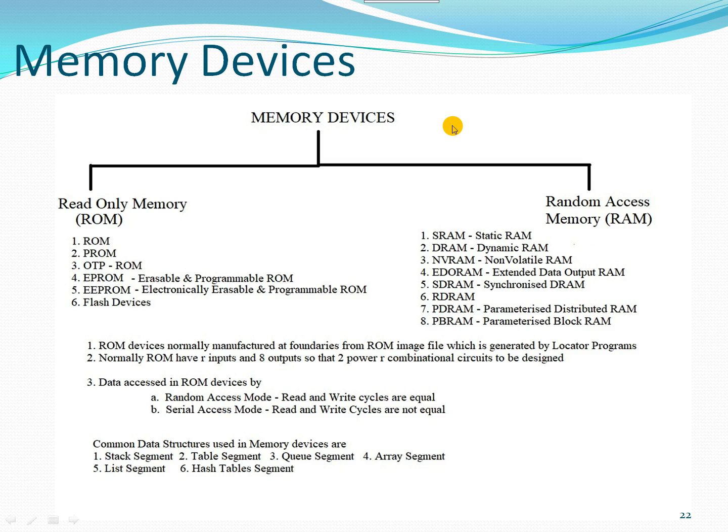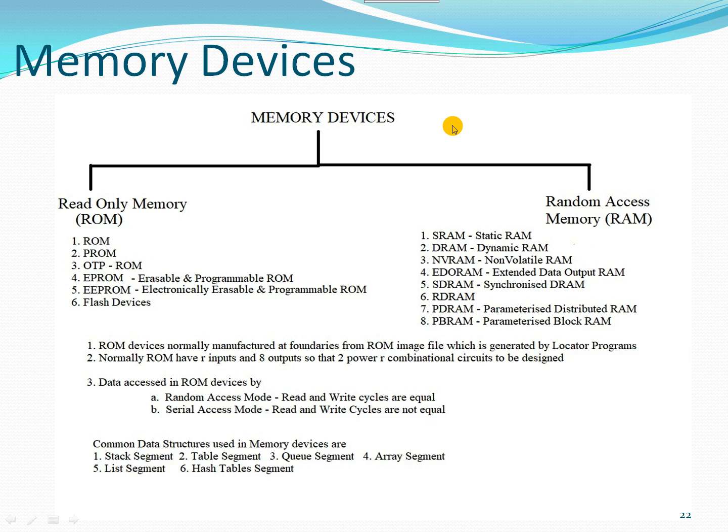So ROM devices are designed with combinational logic circuits, so that whatever program we have compiled is converted into binary files. Those binary files are converted into combinational logic blocks, and those blocks are ported into one ROM image. Those kinds of memories are going to be ROM or one-time programmable ROMs.